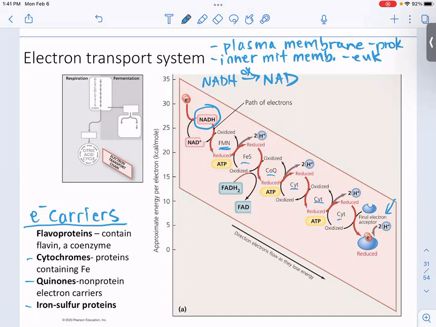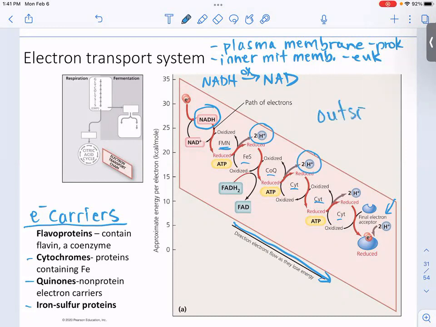These different carriers alternate between the reduced and oxidized state. They're passing the electron down. The reason it's drawn in a diagonal like that is because that's the energetically favorable way for those electrons to be passed. It's like putting a ball at the top of a hill and it's going to roll down. As those electrons are passed, the protons get pumped.